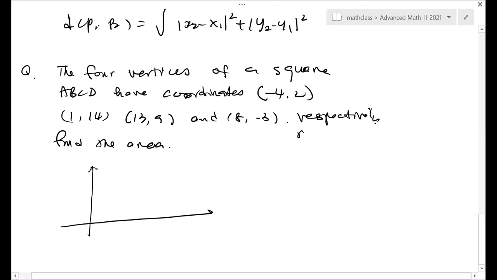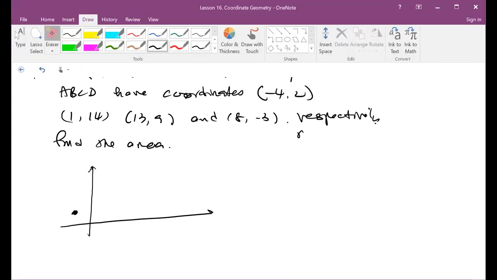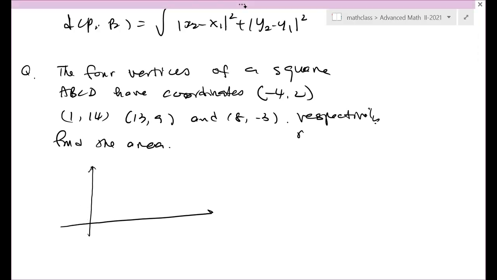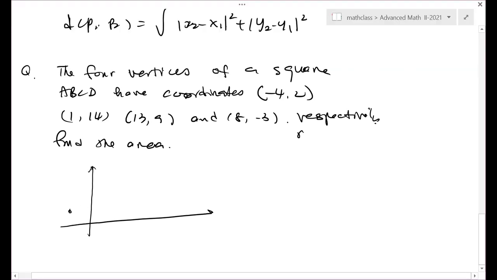I have to look at those four points. You plug them into the XY plane. So -4 and 2 is here. And 1 and 14 is here, and the other one, 13 and 9, is here, and then 8 and -3 is here.